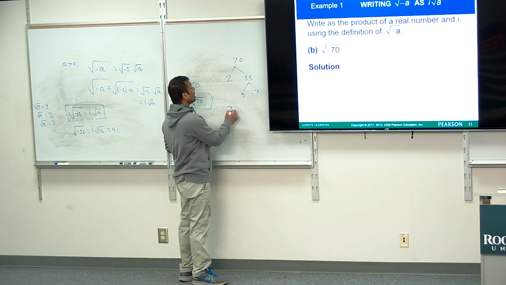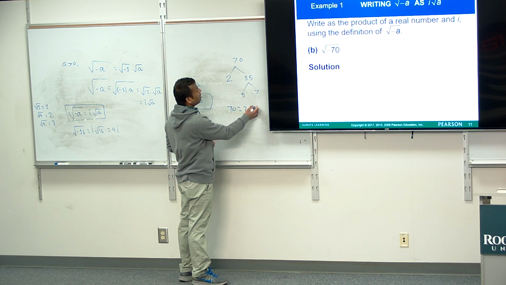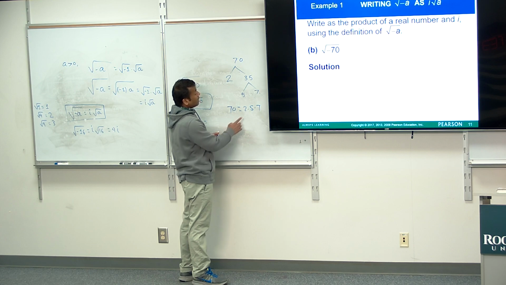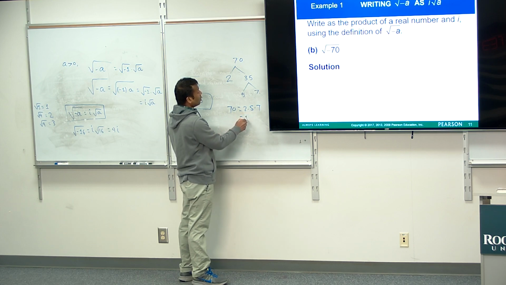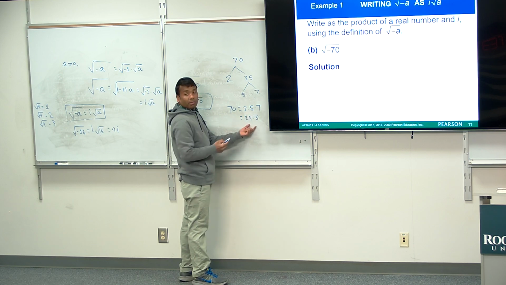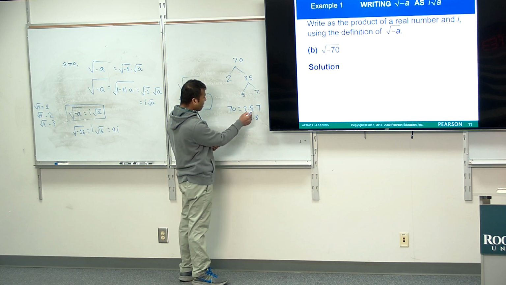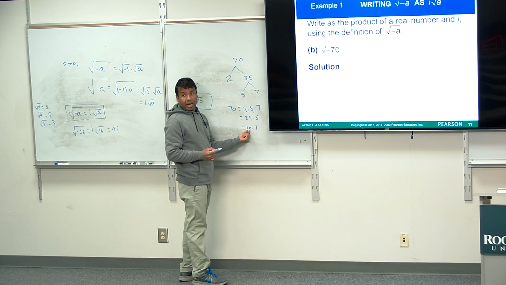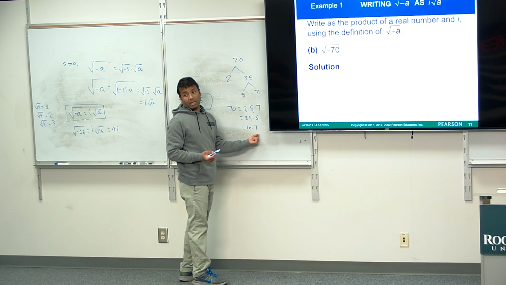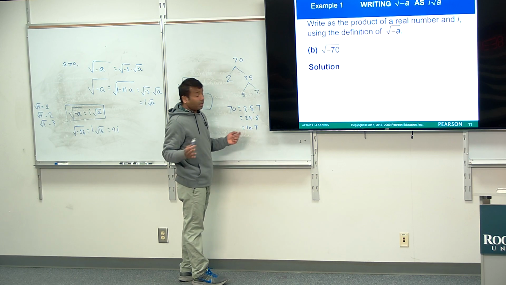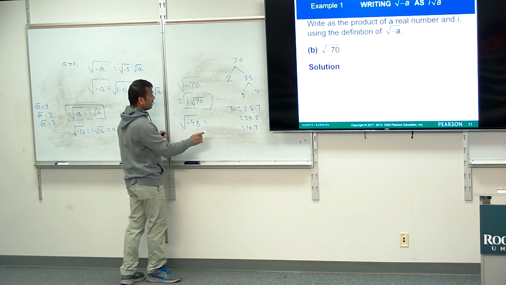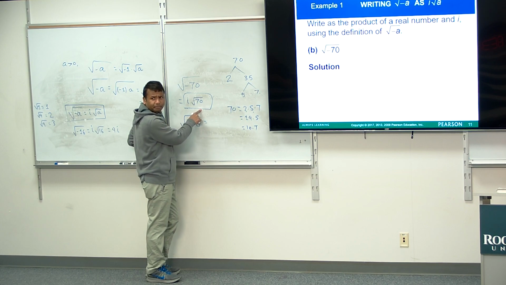You see, 70 is 2 times 5 times 7. If I do 2 times 7, it will be 14 times 5, so none of them are square numbers, right? And if I do 2 times 5, it will be 10 times 7, and neither 10 nor 7 is a square number, right? You will understand this, okay? You got it, right?